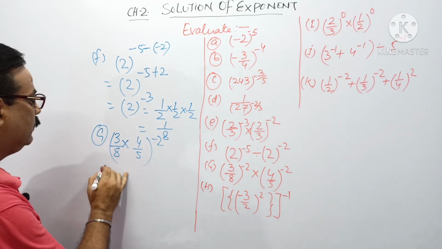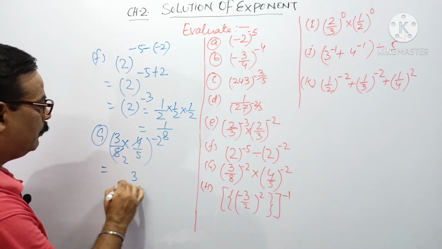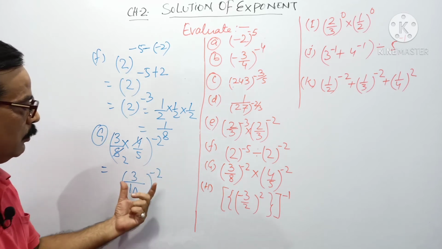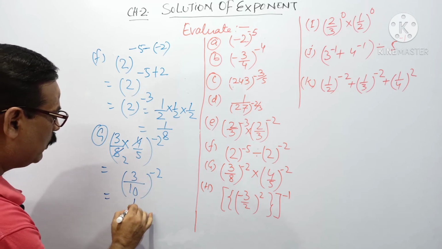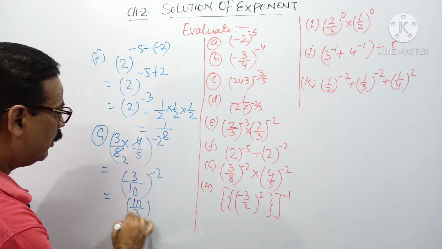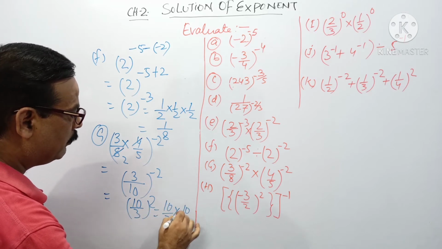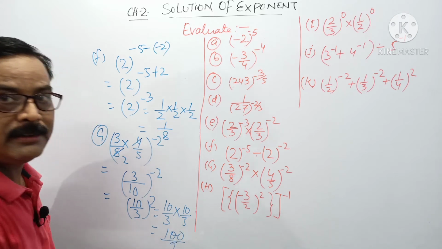So from here we can solve: 4 twos are 8, and 3 by 10, but with power minus 2. By solving this term, we get the reciprocal, 10 by 3, and the power is 2. So we get 10 by 3 into 10 by 3. The answer is 100 by 9.